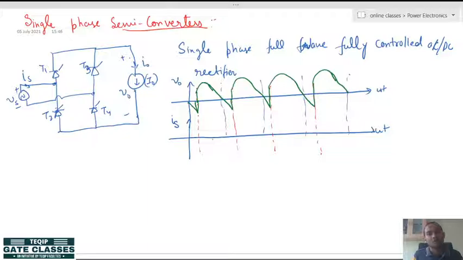And thus, if you take a constant load current, the source current was also like this.